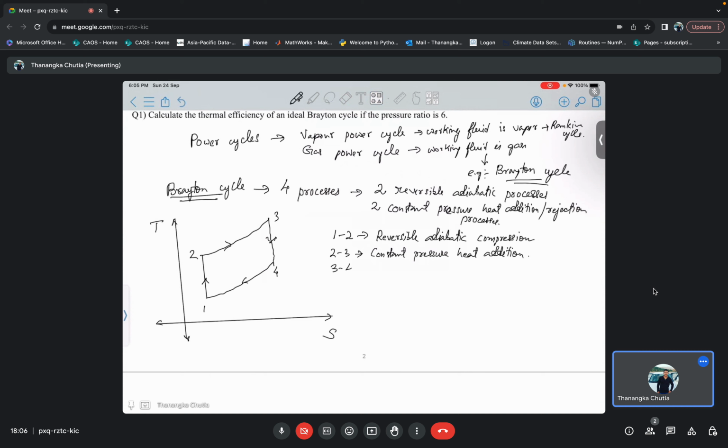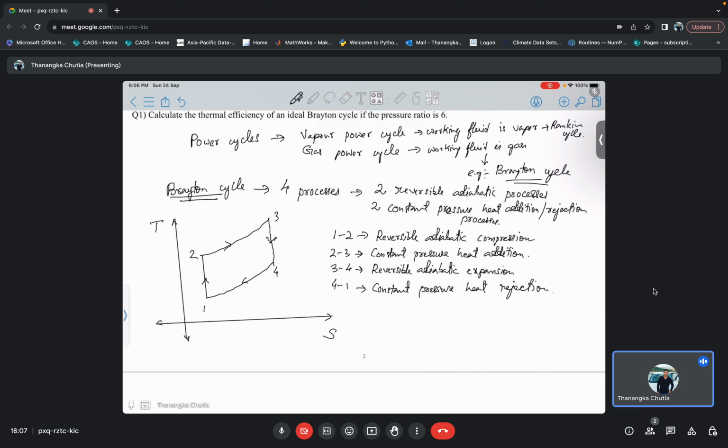3 to 4 reversible adiabatic expansion, and 4 to 1 constant pressure heat rejection.